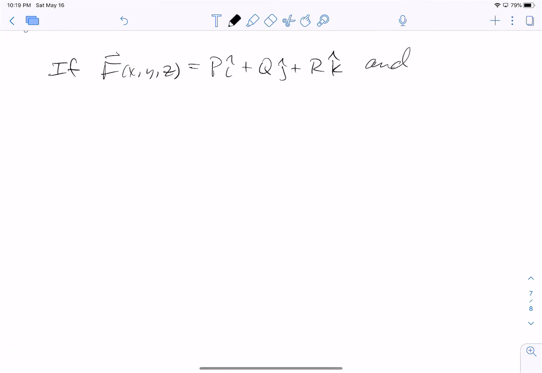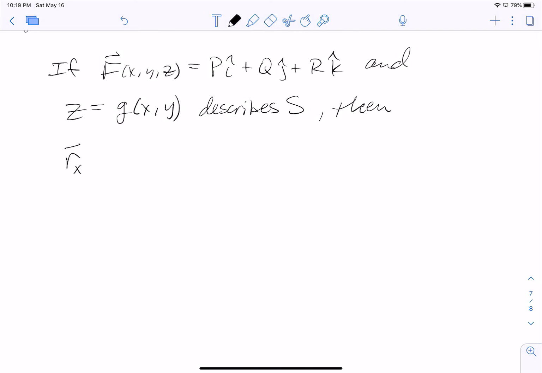Now, if we have that F is given by Pi plus Qj plus Rk, and if z is equal to g of x, y, so our surface is a function, then we have that the cross product of the partial of r with respect to x cross the partial of r with respect to y is going to turn out to be negative partial of g with respect to x i minus partial of g with respect to y j plus k.